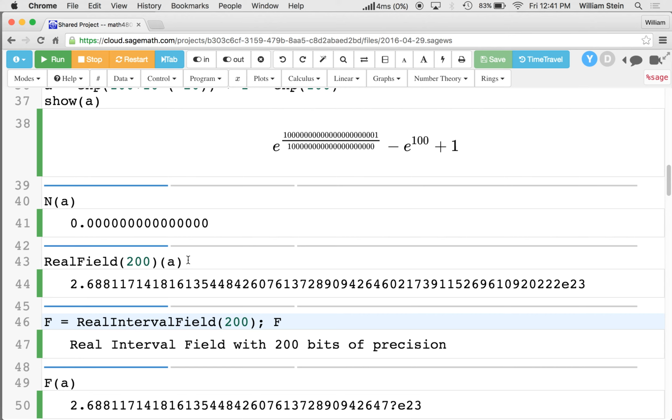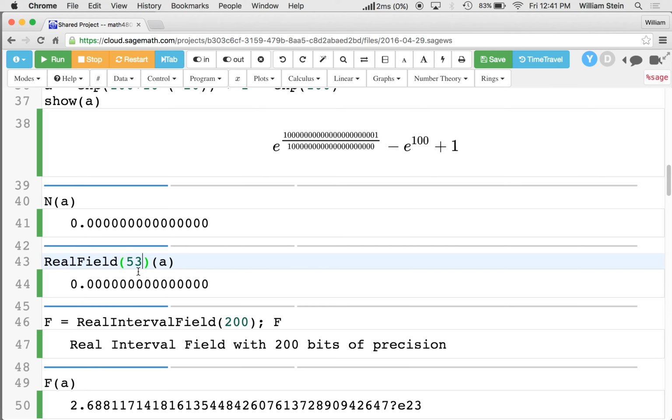So notice that this was wrong for every single decimal place. It's exactly the same A. It's just that instead of evaluating all the leaves in the tree using 53 bits of precision, it uses 200 bits. If I do this instead with 53 bits for the mantissa, then you get 0, but if you increase it a bit, then you get the correct answer.